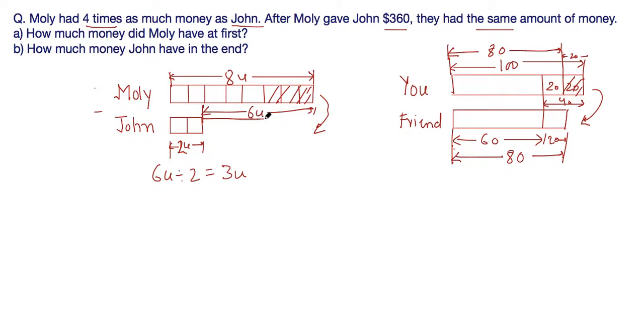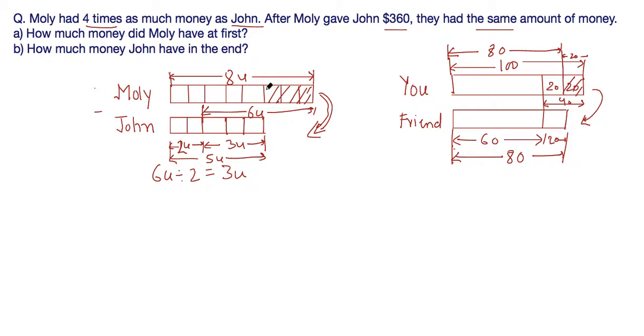If I do that, you see here, after taking 3 units from Molly, John becomes how many units? 5 units, right? So John becomes 5 units at the end after taking 3 units from Molly.